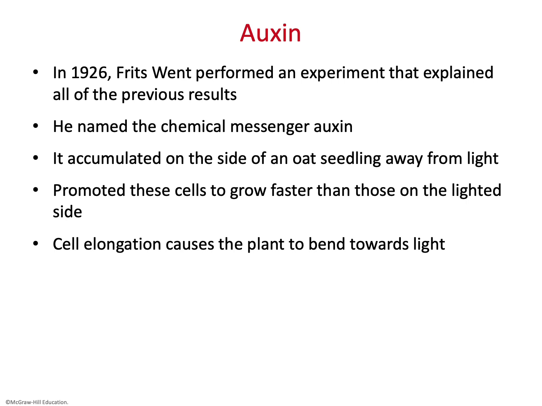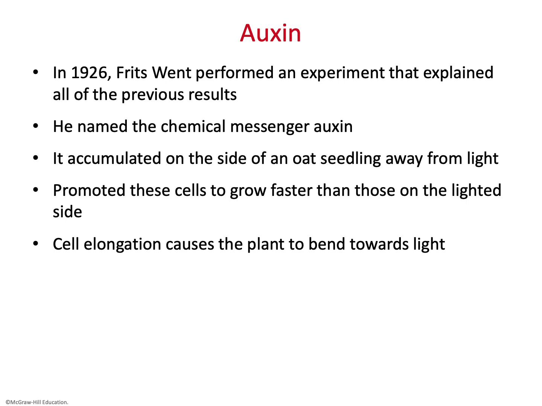30 years later, Peter Boysen-Jensen and Arpad Pal showed that the substance causing the shoot to bend is a diffusible chemical. They did the agar block assay, where they cut the tip of a seedling and placed it on top of an agar block, and the chemical diffused into the agar and gave the same effect when placed on another topless seedling.